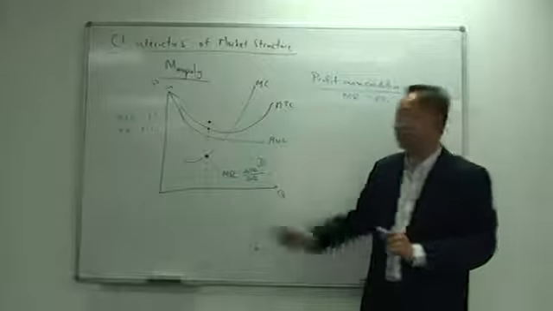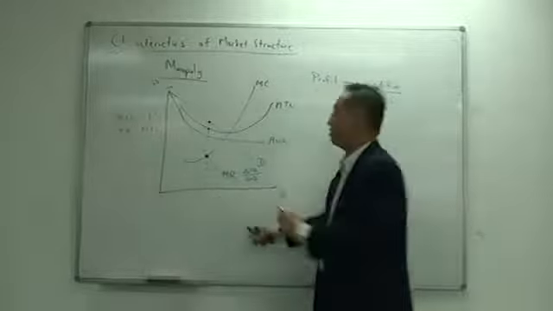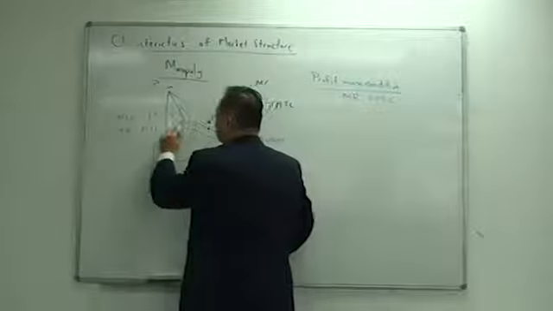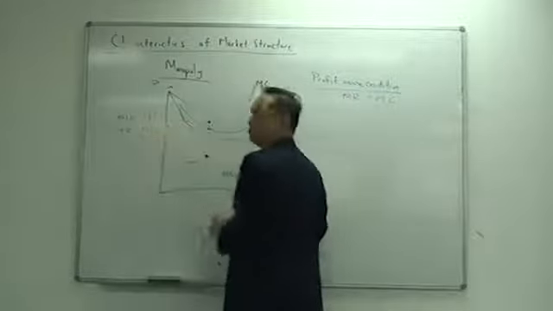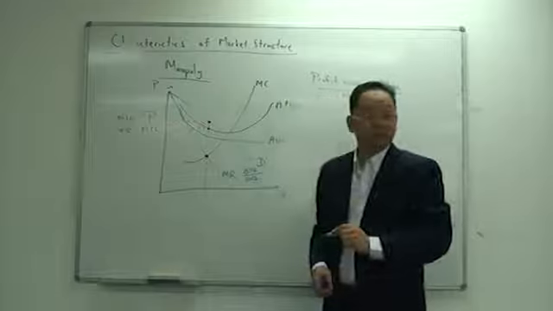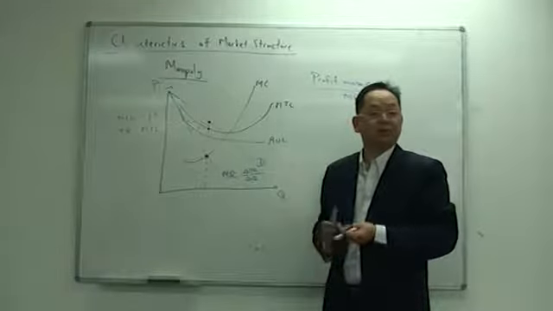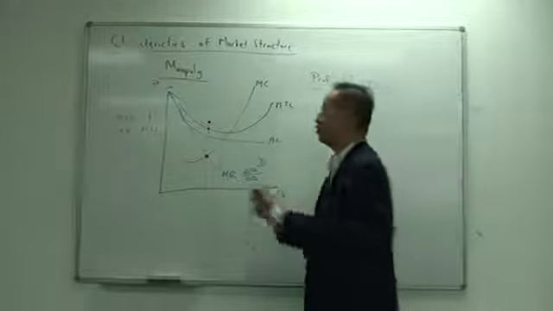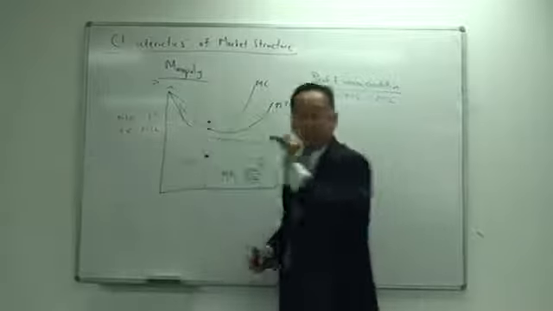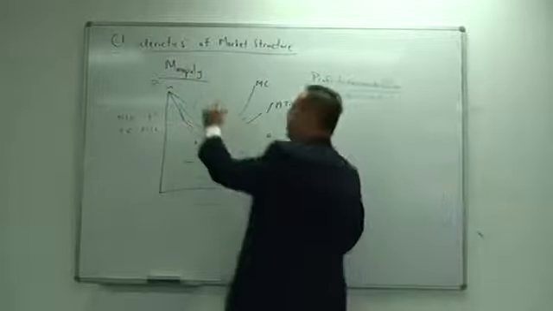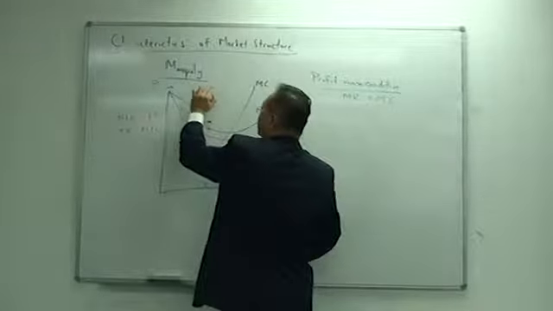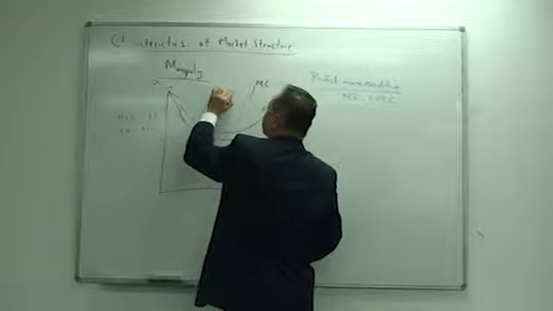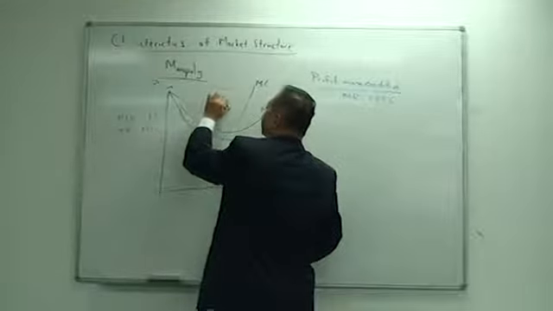Yes? And depending on how many quantities you sell, this whole region will be price times quantity, your profit. It's called a monopoly, will have what we call supernormal profit.